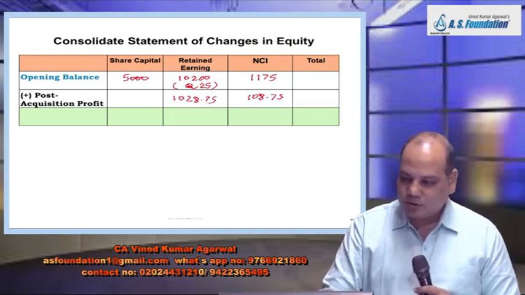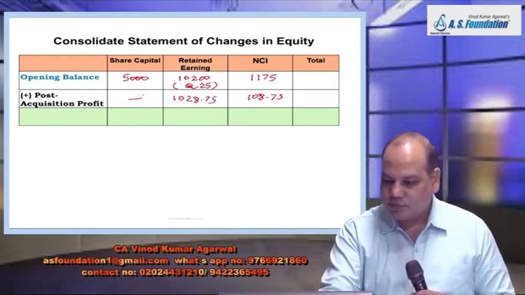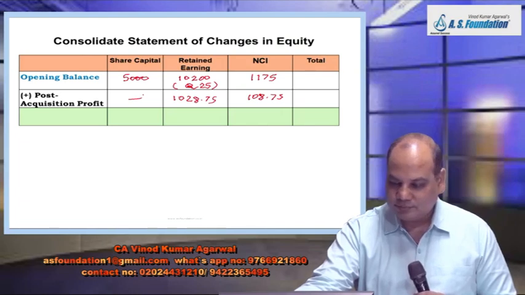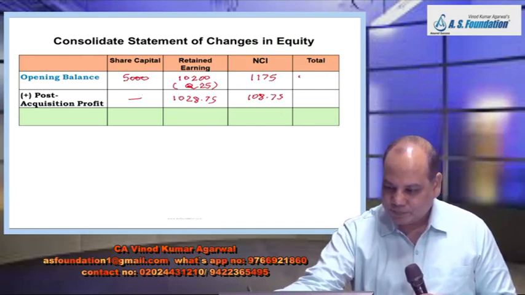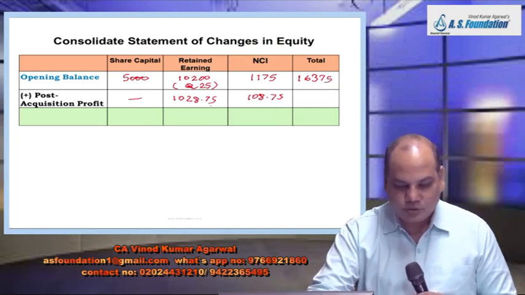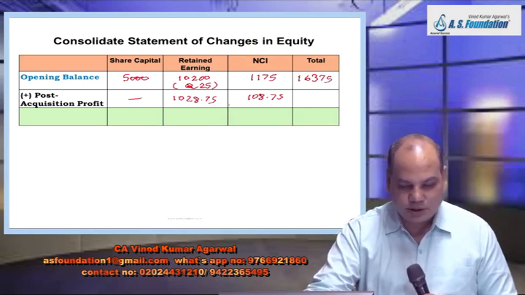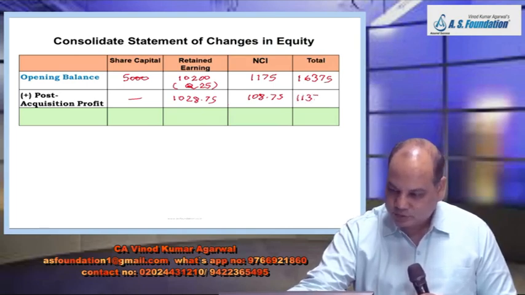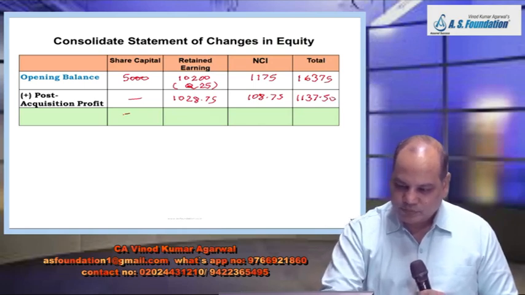Okay. Now you complete the lines first. 5,000 plus 10,200 plus 1175. Total 16,375. 1028.75 plus 108.75. 1137.5. Very good. Take total now. 5,000.